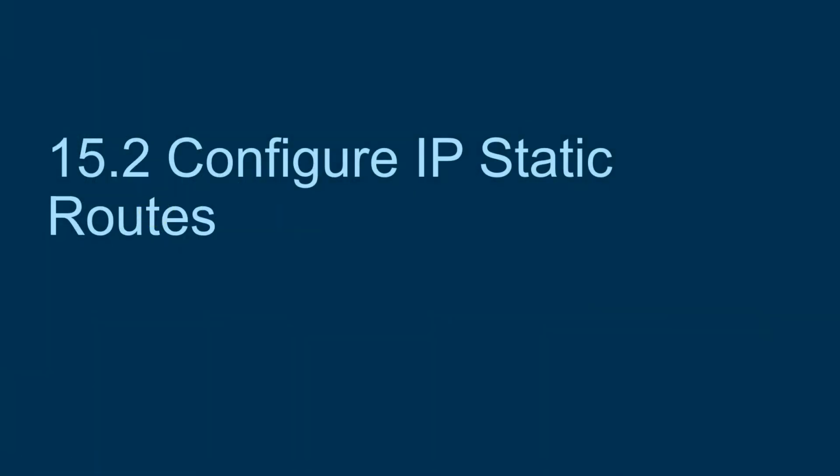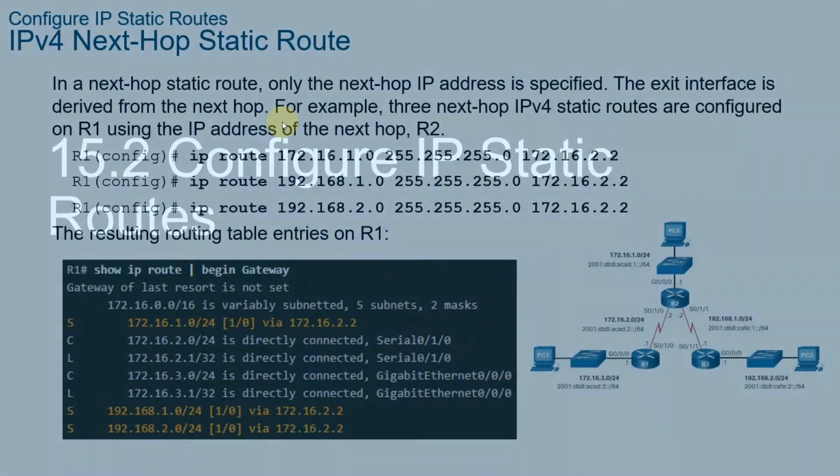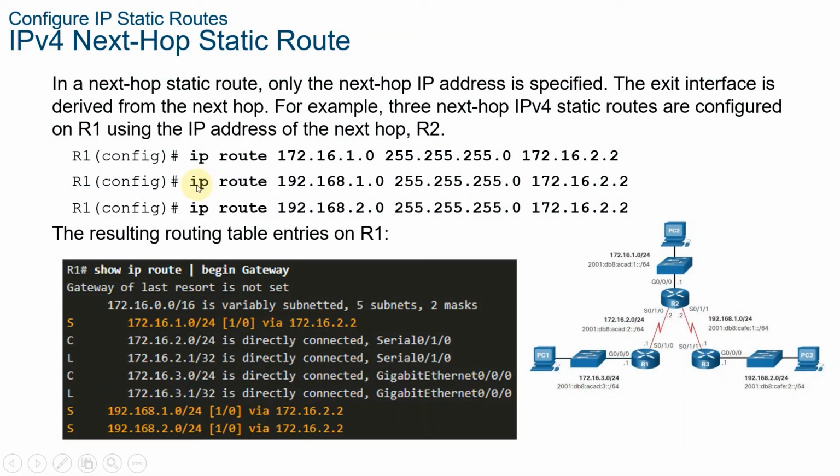Now that we're done with the basics of IP static routing, let's go ahead and see configuring IP static routes in this section. Let's talk about the IPv4 next hop static route. The commands to configure the standard static routes vary slightly between IPv4 and IPv6.